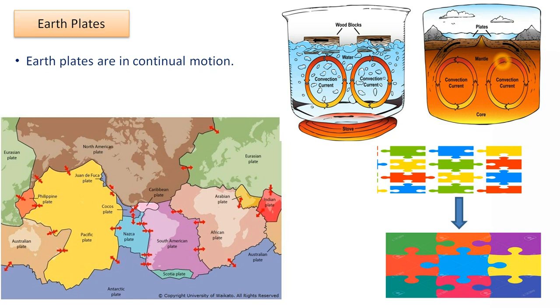Water current goes towards the surface, again comes back, and this cycle continues. So the core is like a stove, and it supplies heat. The mantle, that is the middle layer, is the thickest layer and is also a kind of liquid. So the liquid mantle is nothing but the water that keeps rotating.